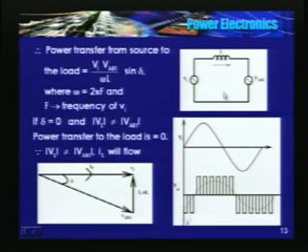So for this circuit, there is the vector diagram. VAB plus Is into omega L is Vi.